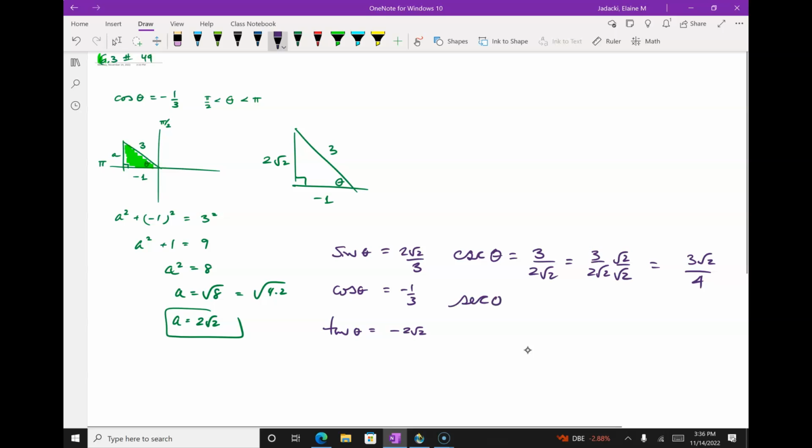What's the secant of theta? And what's the cotangent of theta? Easy.